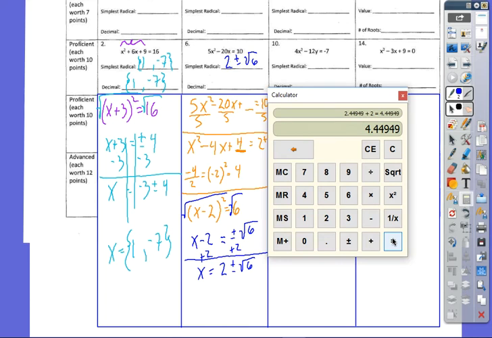And so I get 4.45, because you were asked to round to the nearest hundredth. Then I'm going to take the square root of 6 again. This time I need the negative variety. And I'm going to add 2 to it. And I will get negative 0.45. And so here is my solution set.